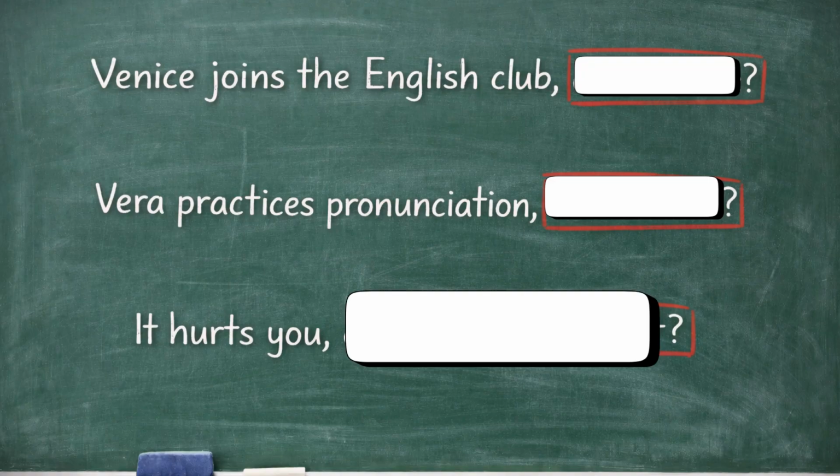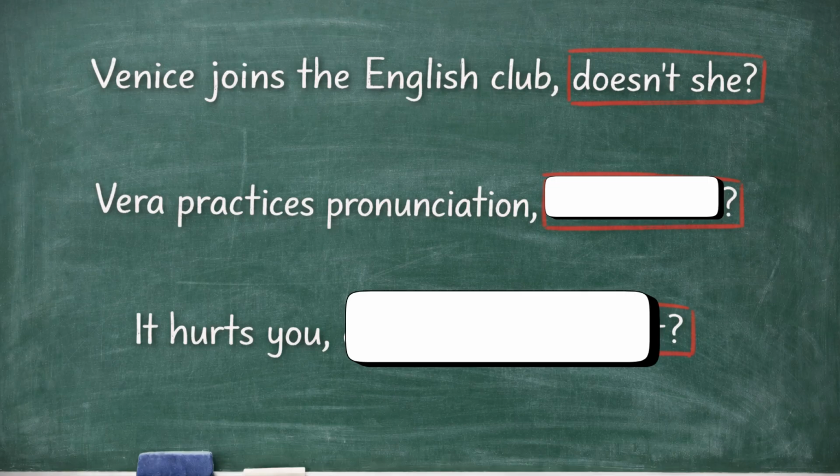Right. It should be, doesn't she? We don't say, doesn't Venice. We use the appropriate pronoun in place of our main subject, which is Venice.